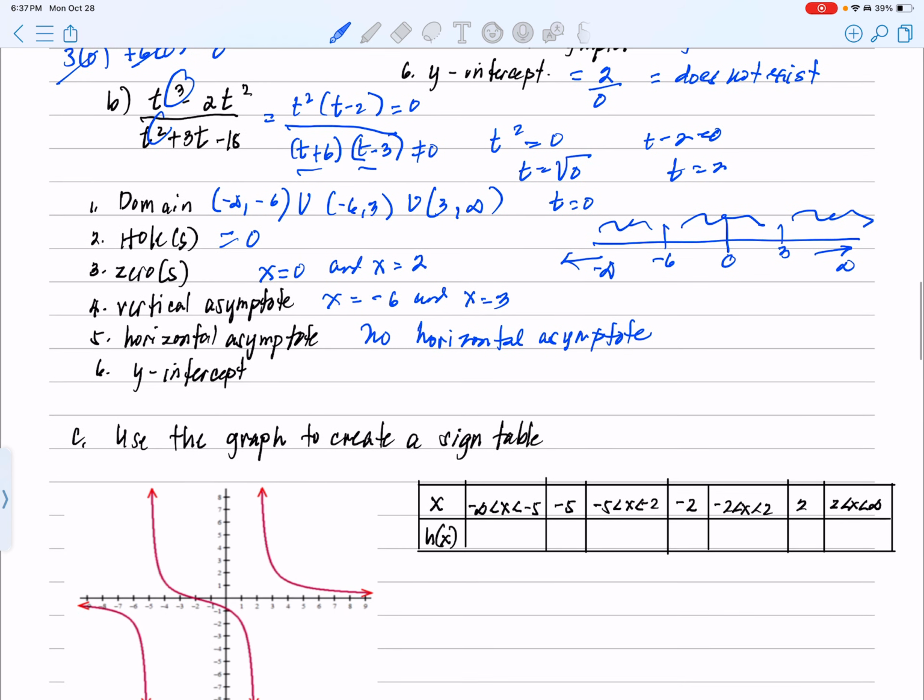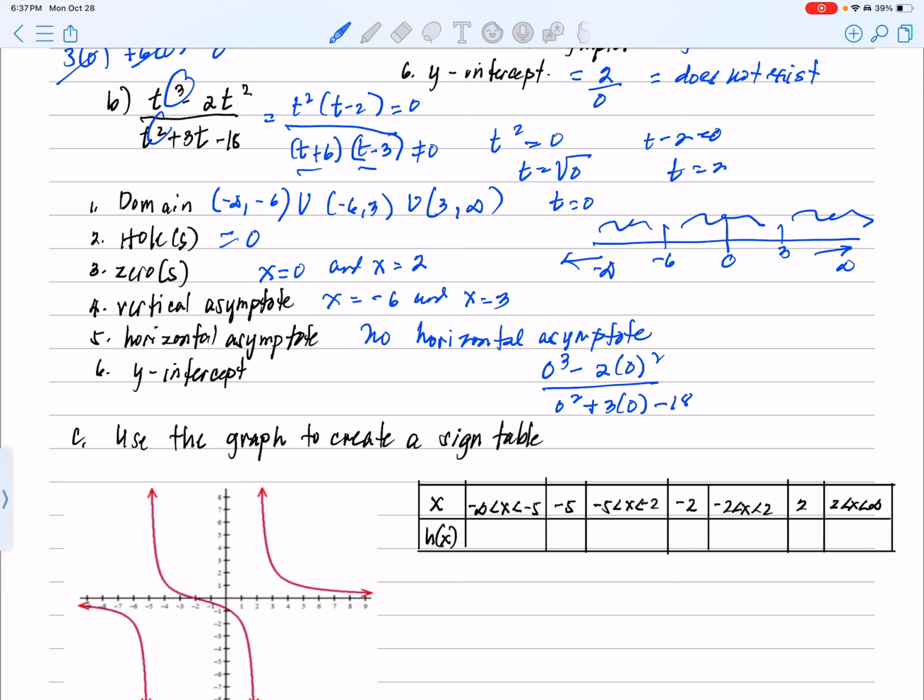For the y-intercept, when you replace x with 0 in your function, we have 0 cubed minus 2 times 0 squared over 0 squared plus 3 times 0 minus 18.